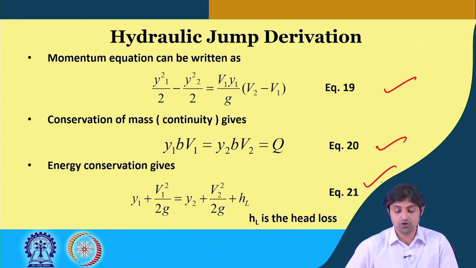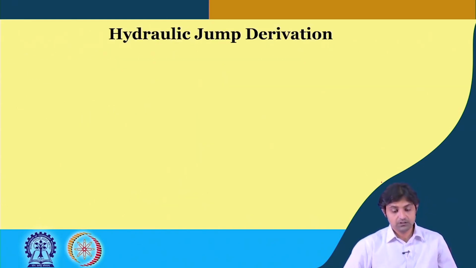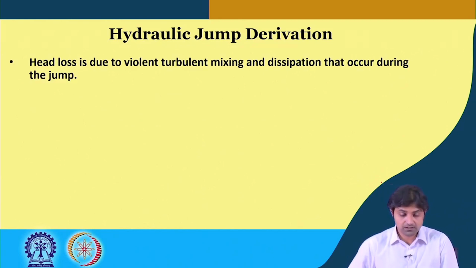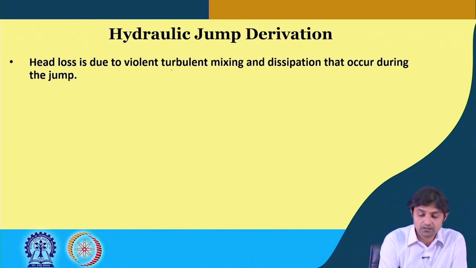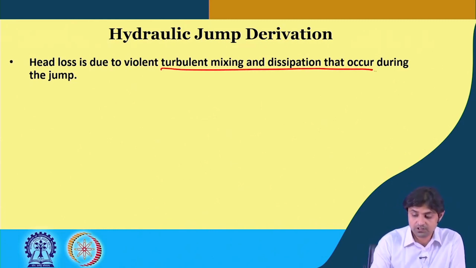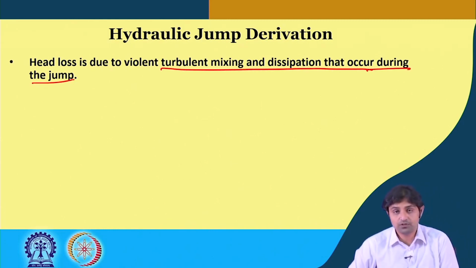We have to solve these so that we get definitive results for Y2 and Y1. We know that head loss is due to violent turbulent mixing and dissipation that occur during the jump. As I said, the phenomenon of the hydraulic jump is quite complex. Vigorous turbulent mixing is there, and because of that dissipation in terms of heat will occur. So, energy is going to be lost during this jump.